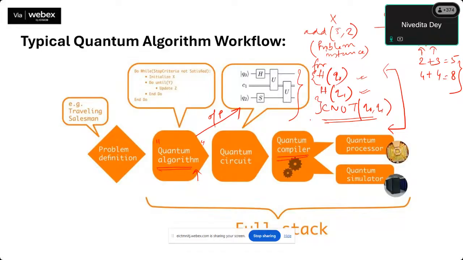And what a quantum compiler actually gives is some assembly code, just like the classical compiler gives those mnemonics, say add, move, sub, or say sub, if, borrow. Likewise, all those mnemonic codes were there.